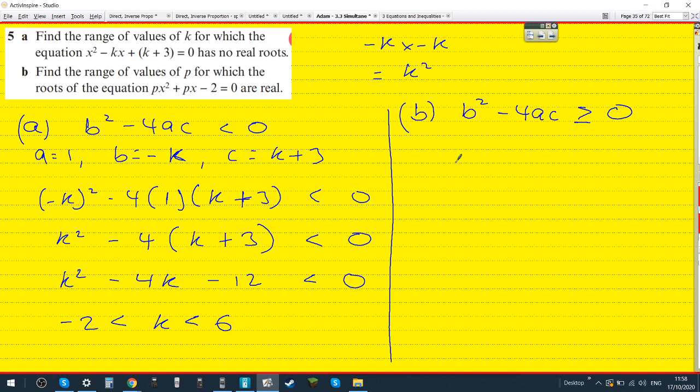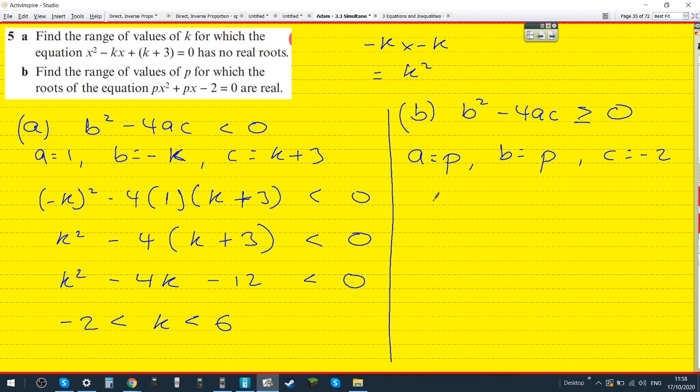So now would you work out what A, B, and C are? Yep. So A is P. B is P. C is -2. And then you'd put that into the equation.